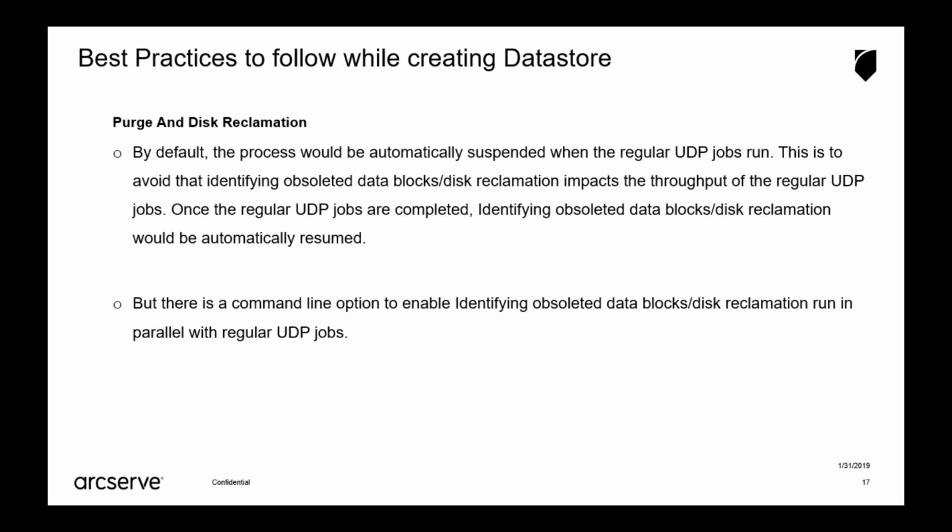This is to avoid the identifying obsolete data blocks and disk reclamation impacting the throughput of the regular UDP jobs. Now once the job is finished, again the purge is going to start, and it will do the phase 1 and phase 2. In fact, it will resume the activity.